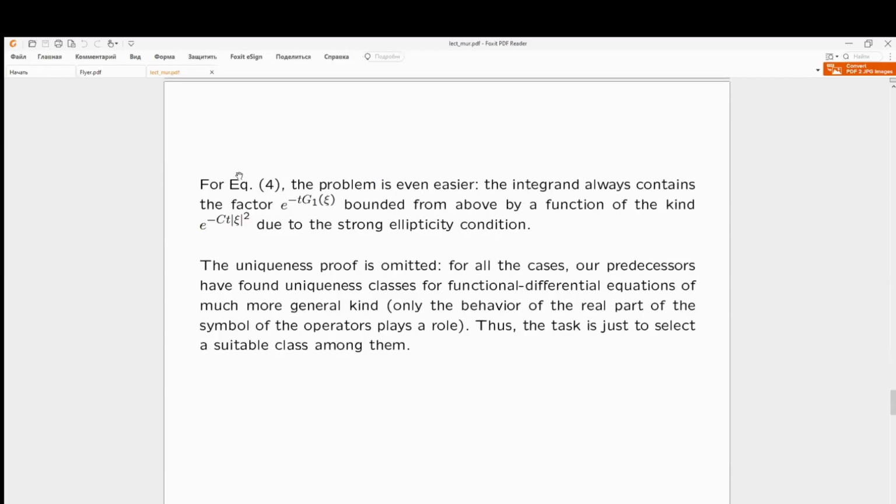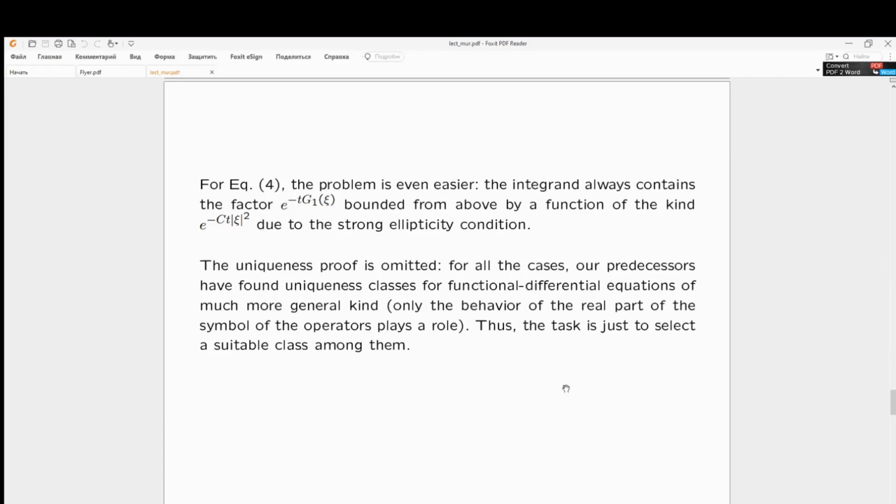In equation 4, the problem is even easier. The integrand always contains such a factor bounded from above by a function of this kind. This is guaranteed by the ellipticity condition.